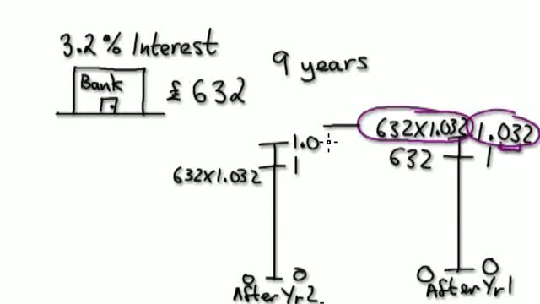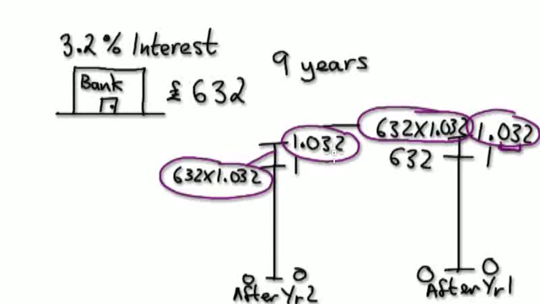So 1.032. This figure here, you're going to get this times 1.032, and that will give you your new figure. This new figure represents how much you will have at the end of year 2.